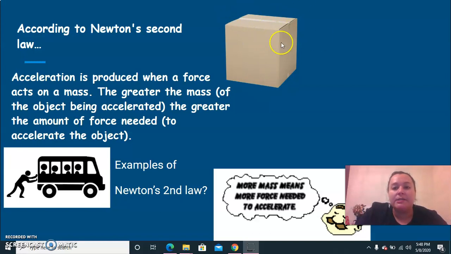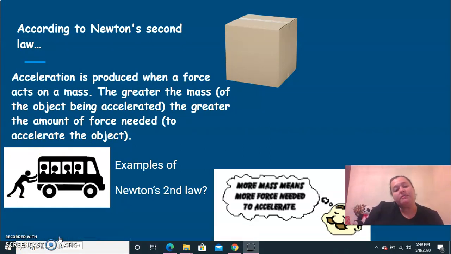But come to find out, this box is actually empty. So when you go to pick it up, you pick it up with a lot of force, and then you notice that you don't need that much force to pick it up. So things that have a lighter mass do not take as much force to move versus things that are heavier. So that's what Newton is saying in the second law.